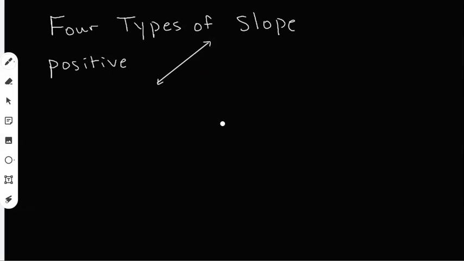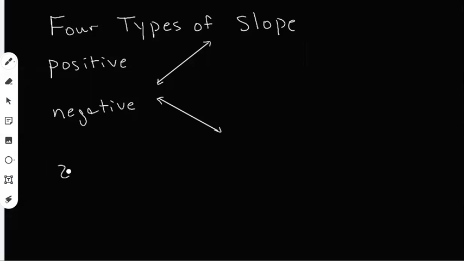The line goes up. Then the negative slope is going to be the opposite. You're going to be going downwards like this. So that's the difference between positive and negative. When you have positive, you're going up from left to right, and then negative means you're going down from left to right.